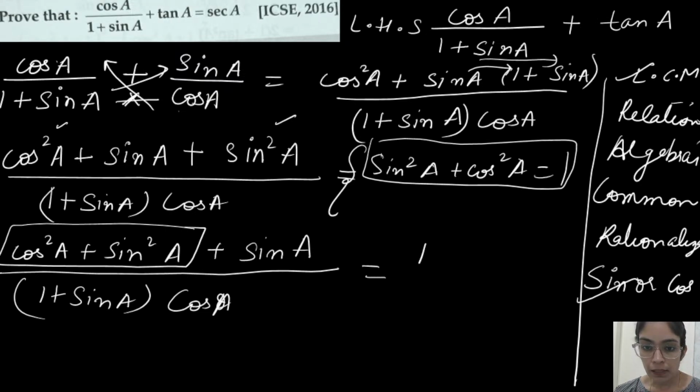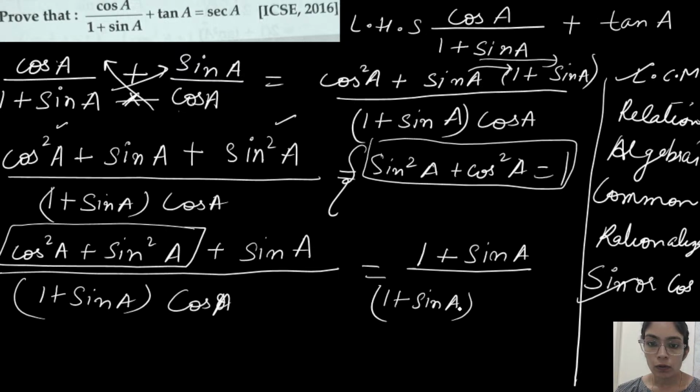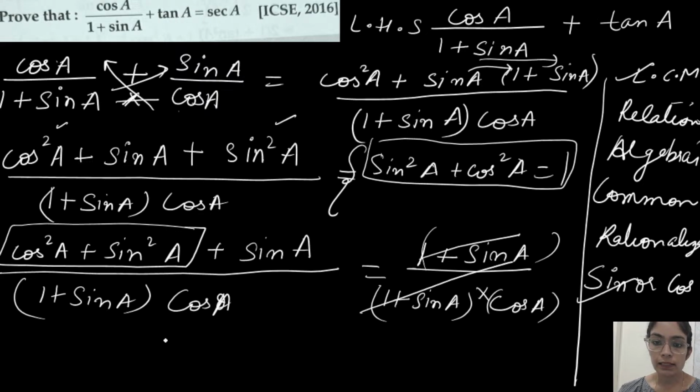So this will become equal to 1. So 1 plus sine A by 1 plus sine A into cos A. See, 1 plus sine A is getting multiplied, so up and down we can do cancellation. So what is left now? After doing cancellation, we are left with 1 by cos A.